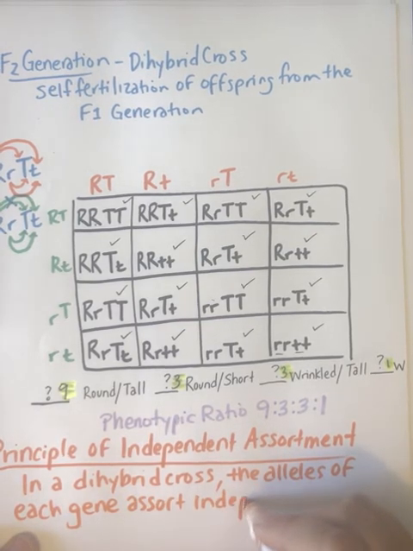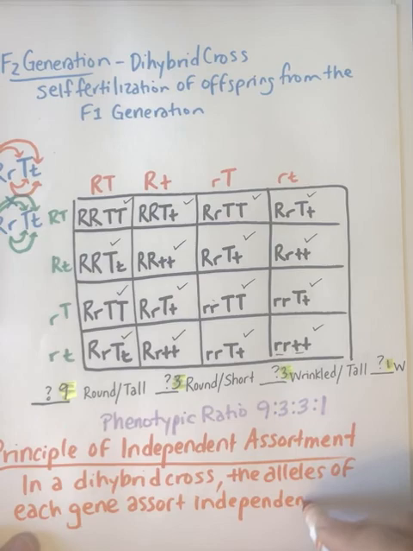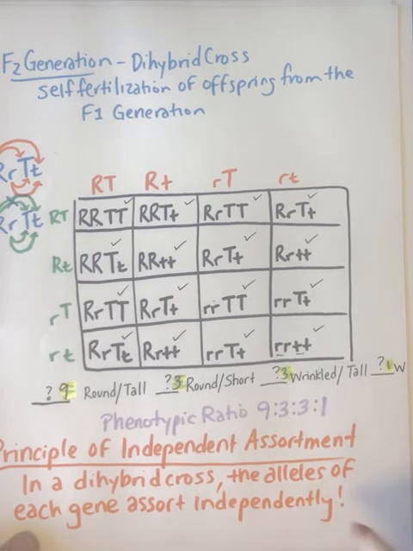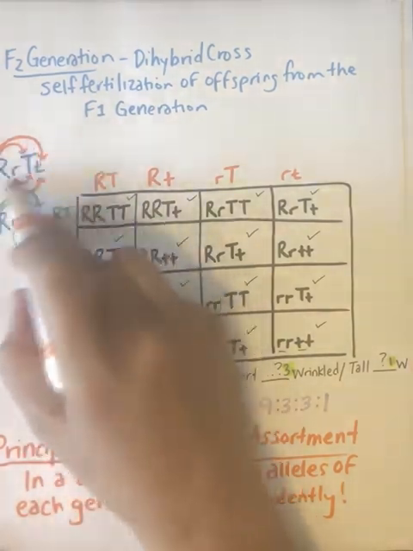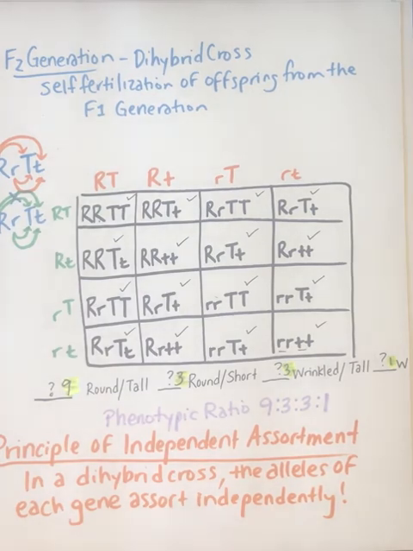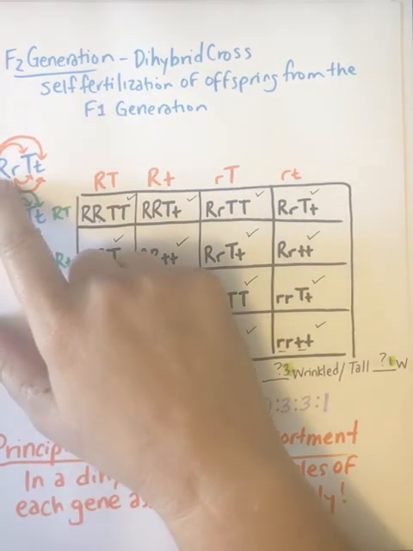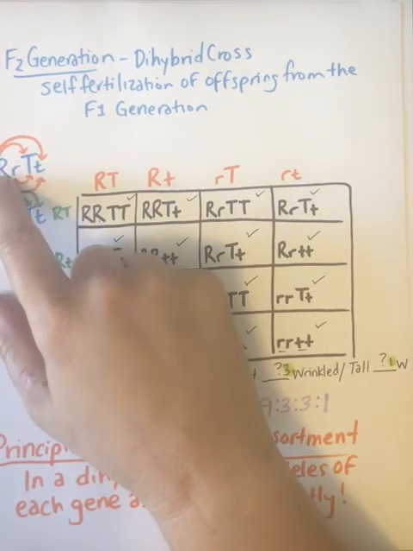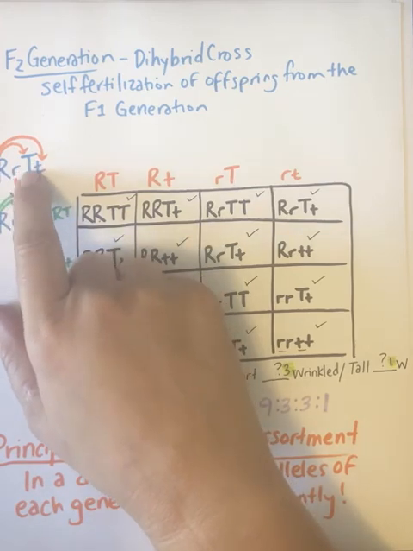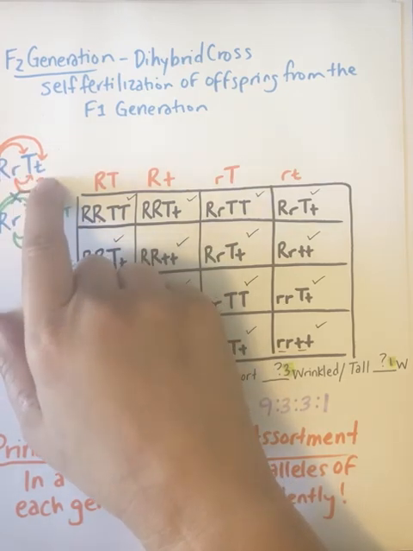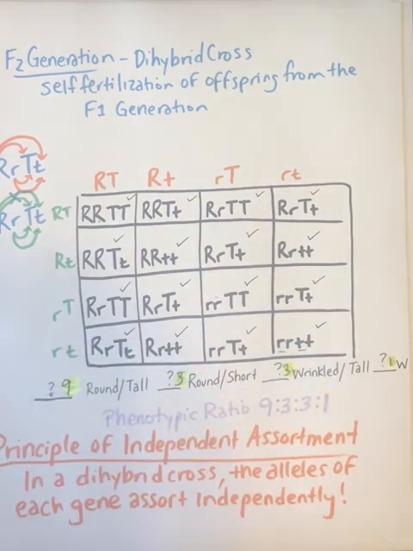Now, that is why we did your FOIL method. They have to randomly join. So the big R can randomly join with the big T or the little t. They assort independently. They do not stick with that gene, so you have variations. That's the principle of independent assortment.